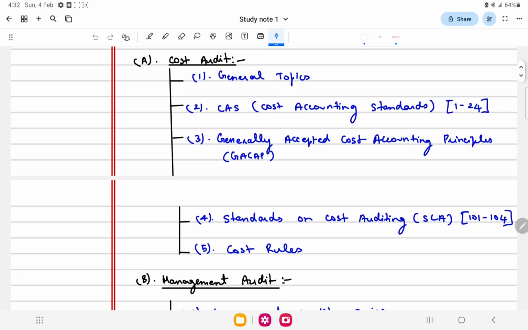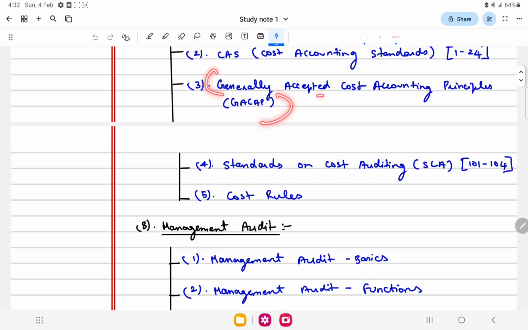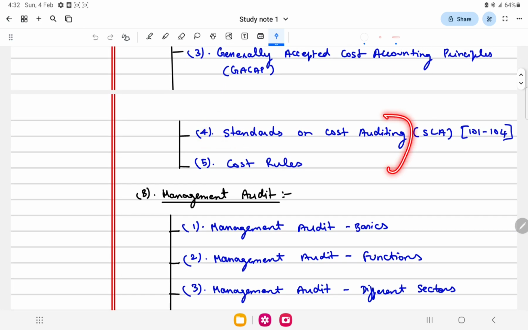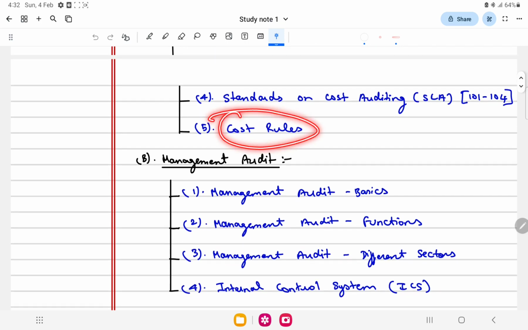The topics are: general topics; cost accounting standards, which is CAS 1 to 24, the cost accounting standards which we need to cover; then generally accepted cost accounting principles, GAAP; then standards on cost auditing, SCA, which is 101 to 104, 4 cost auditing standards; and then cost rules.